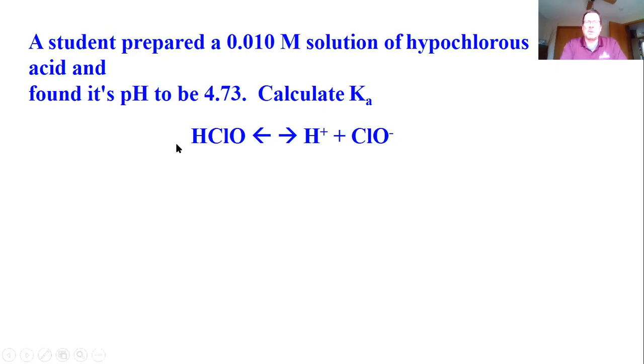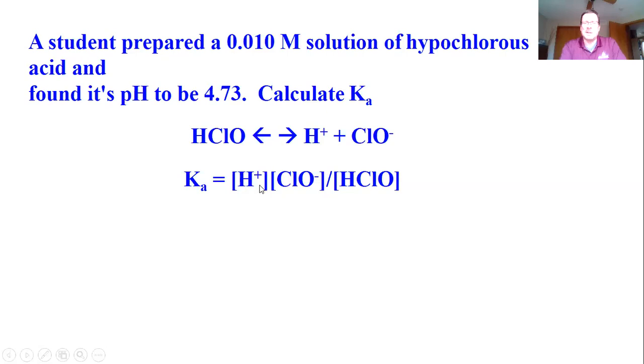Here's hypochlorous acid. It dissociates, reaching an equilibrium where you have a certain amount of hydrogen ions and a certain amount of hypochlorite ions. Here's what else we can do, because they always have the same setup. The acid dissociation constant, Ka, is always the products over the reactants.